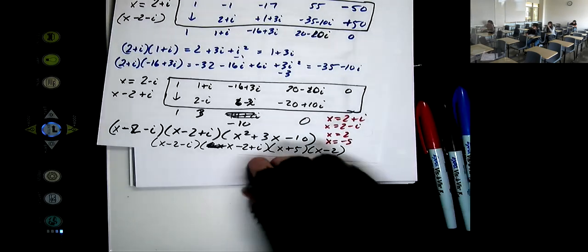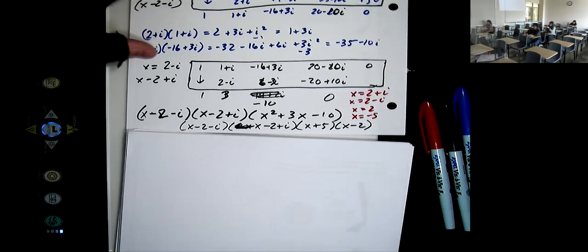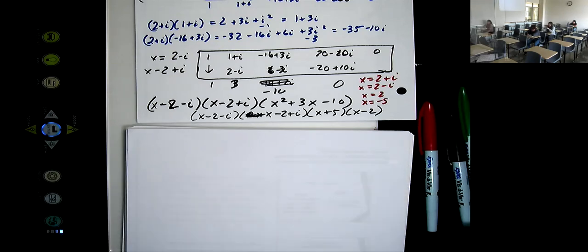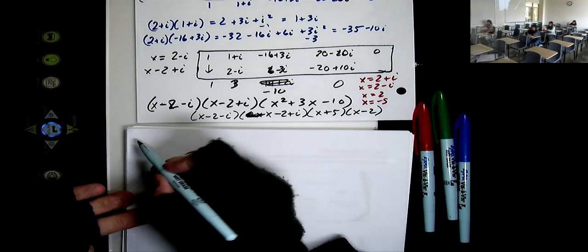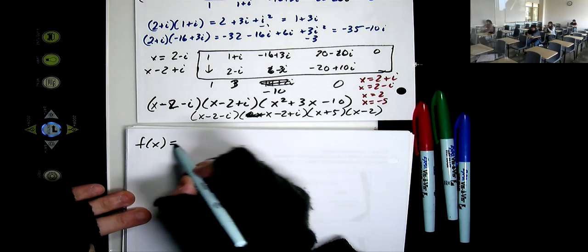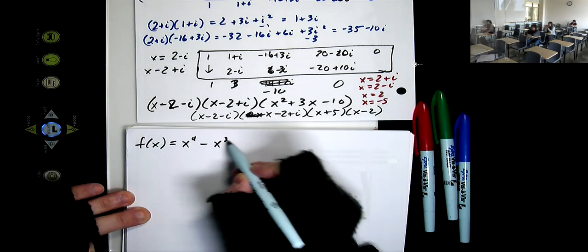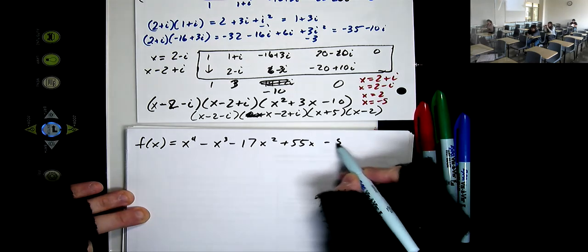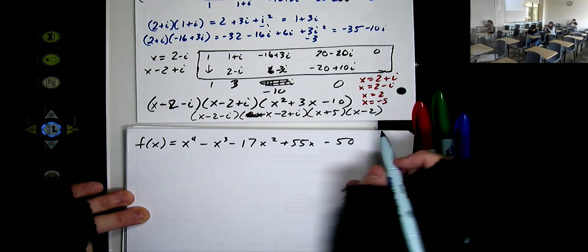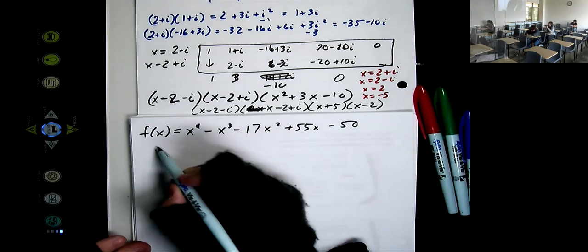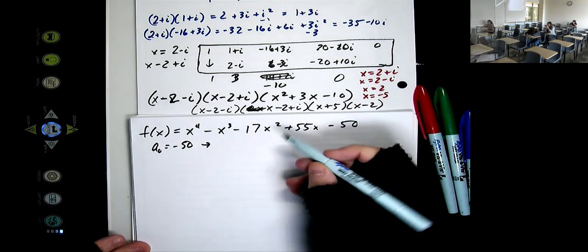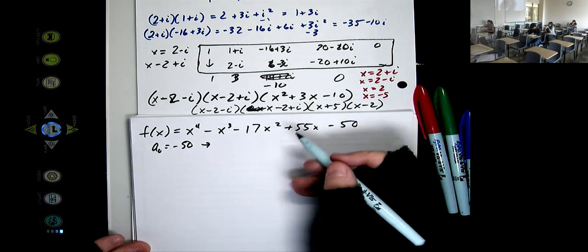I'm going to use the same problem to illustrate the intermediate value theorem and the bounded theorem. Okay. So let's just put the same problem up. My a sub 0 is -50, which means possible factors are, oh, there's a lot here.